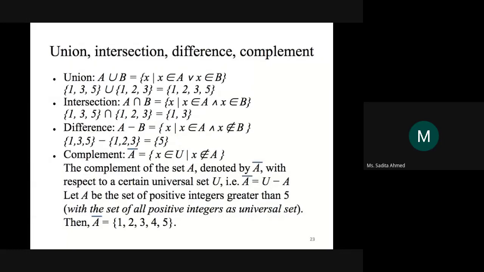Not really, it depends on the position, because in case of difference, A minus null would give you A, but null minus A would give you null. So if you change the position, the result changes as well. However, in case of union, A union null will be equal to A, just like you pointed out. But if you change the position, null union A, it would still be the same result, A.